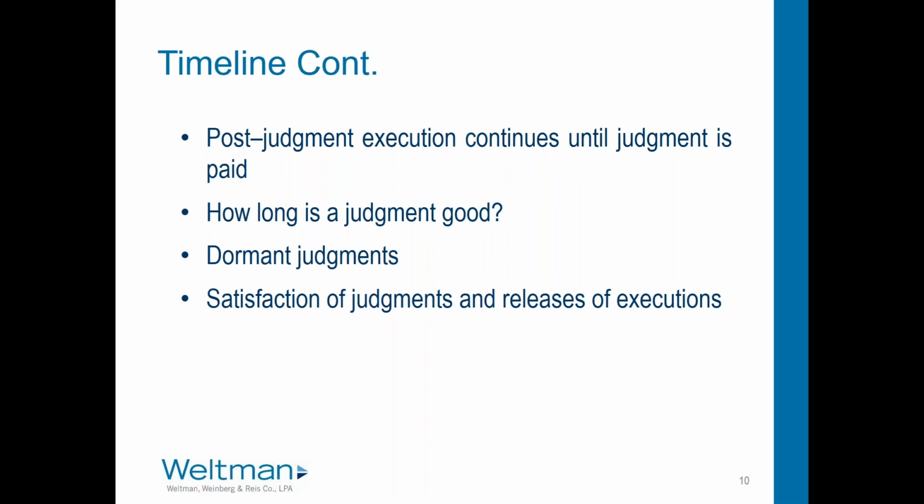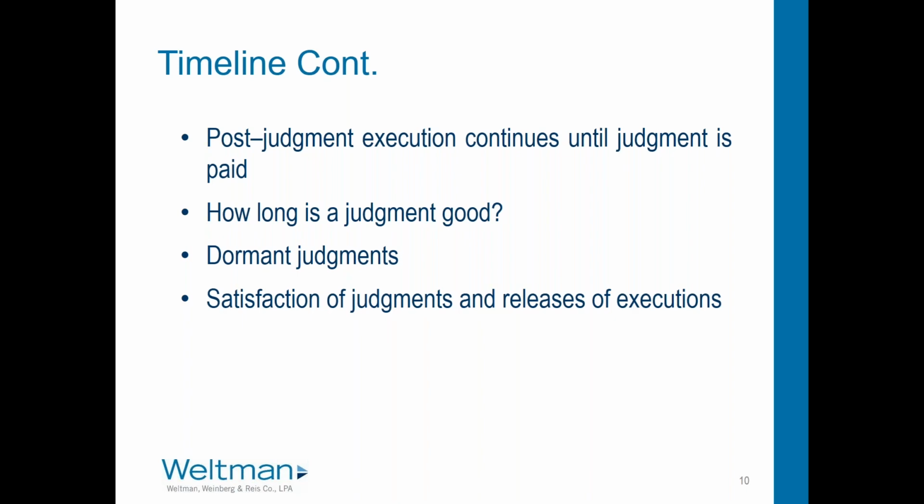But for example, in Ohio, judgments are good, but they do go dormant after a certain period of inactivity. And once they go dormant, I believe it's 5 years after the last execution, you have to revive them. And there's a process of reviving those judgments. But once they go dormant, they cannot be executed on until they are revived.